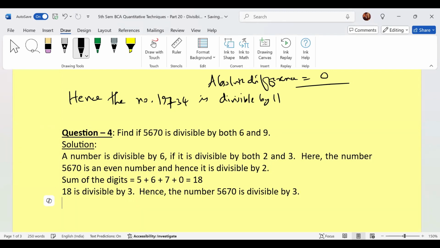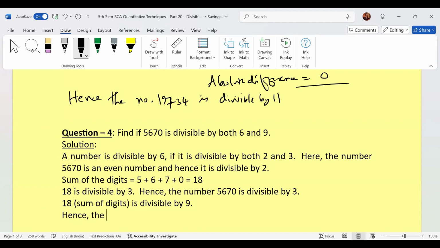So that is one part. Then for divisibility by 9, let us do. Again, 18, that is sum of digits, is divisible by 9.